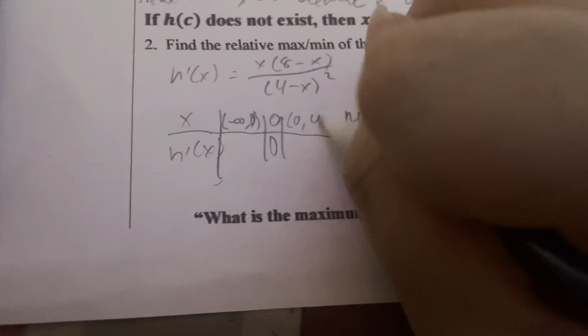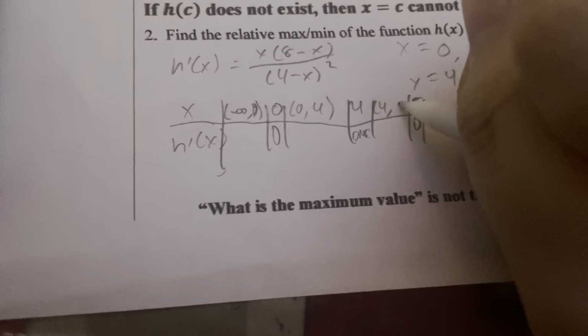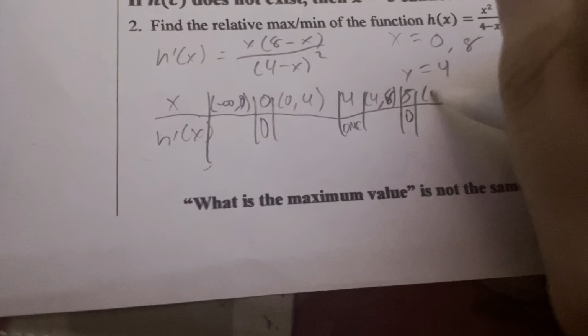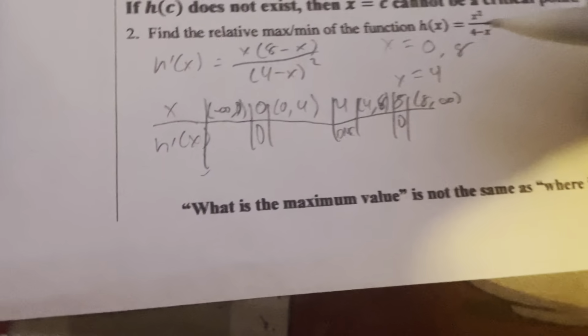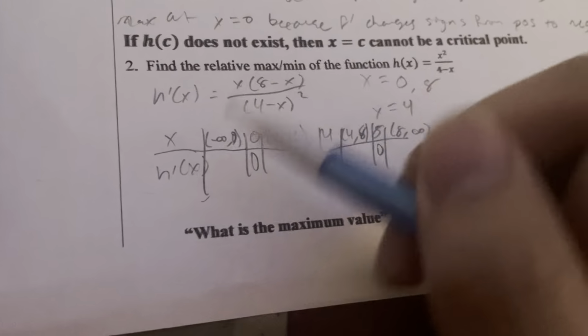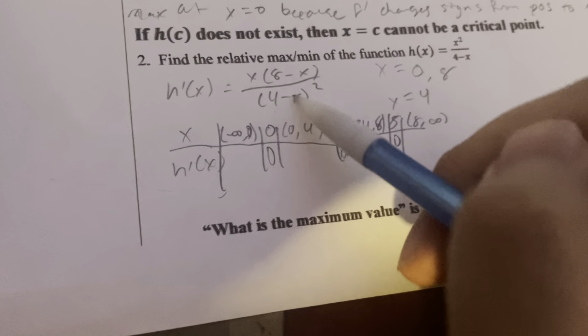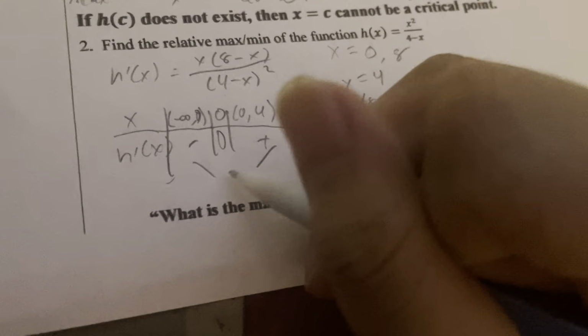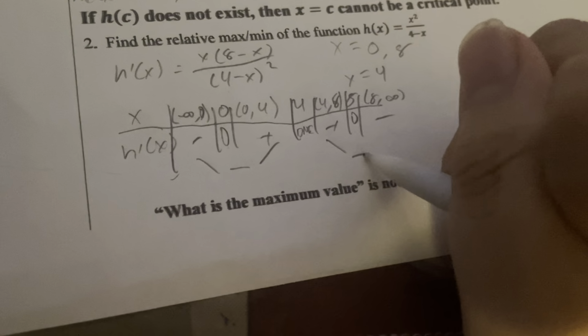Negative infinity to 0, 0 to 4, 4 to 8, 8 to infinity. I've already done them, but you just plug in a number within the domain into this equation, and we'll find that this is negative, this is positive, and this is negative. Draw it out. Oh wait, it's positive.